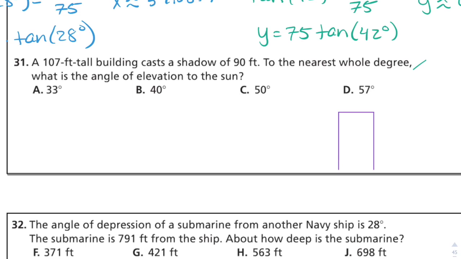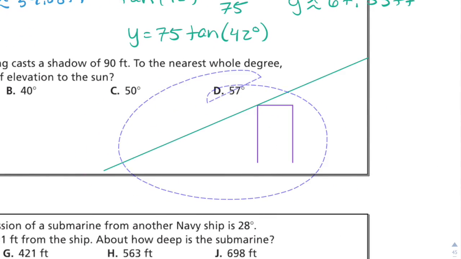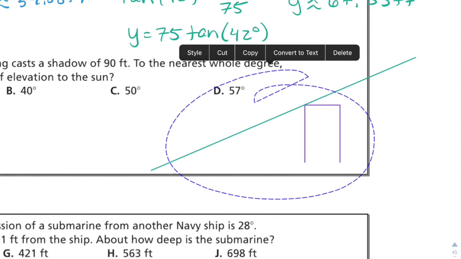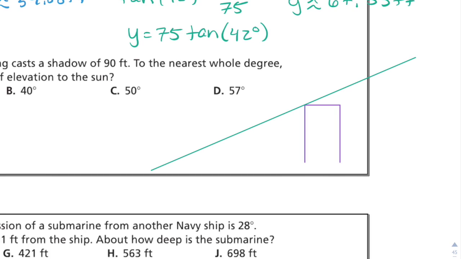So here, let me draw the sun over there. I'm just going to draw something quick. So here's that shadow. Let's put the sun up here. The building and the shadow.